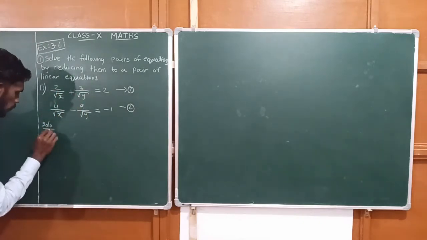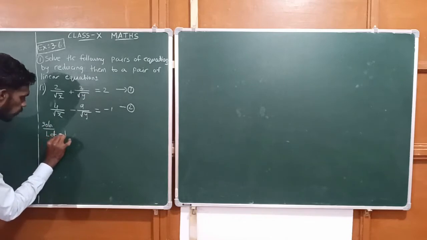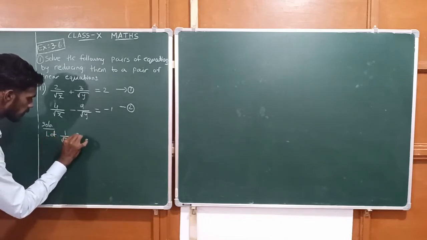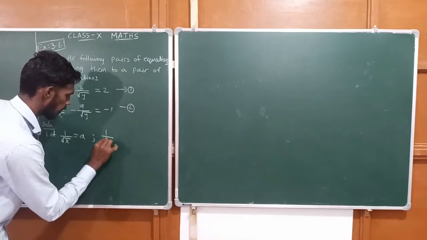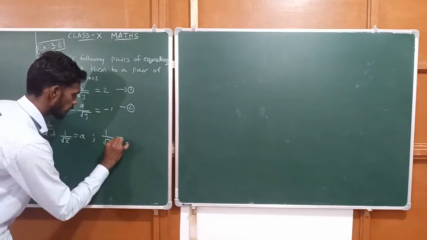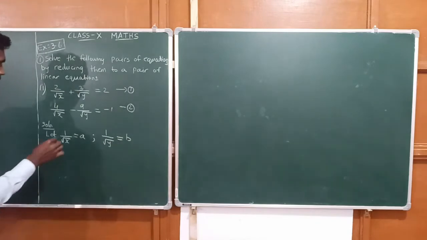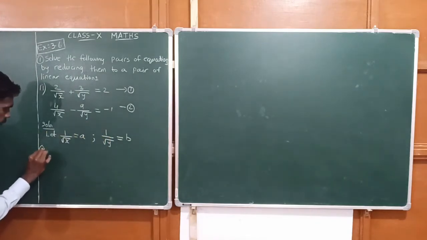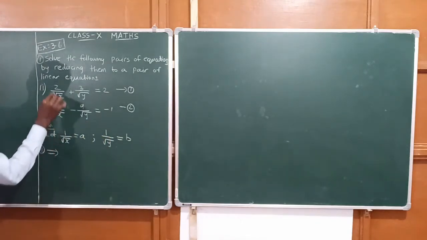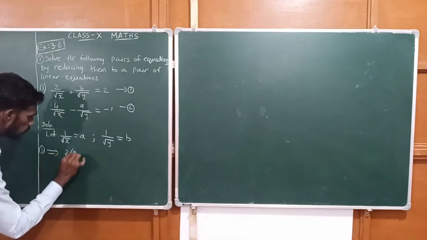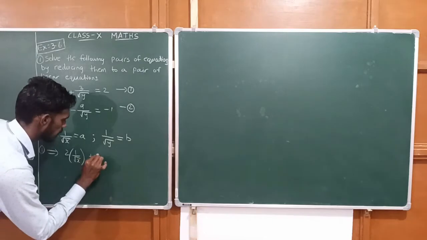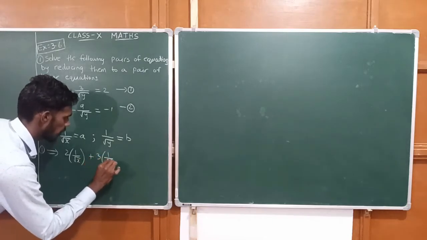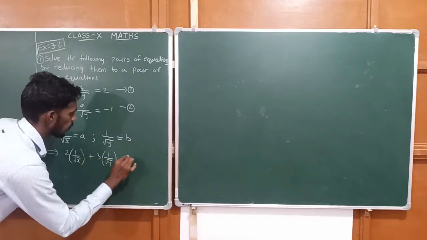So we are going to assume, let 1 by root x is equal to a and 1 by root y is equal to b. On assuming so, the equation 1 will become 2 into 1 by root x plus 3 into 1 by root y is equal to 2.